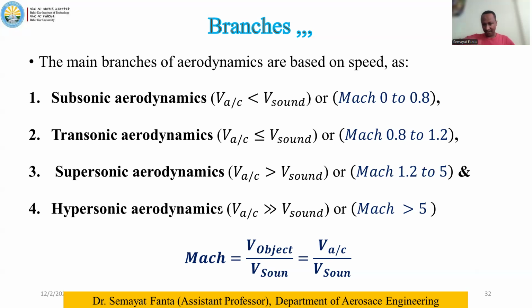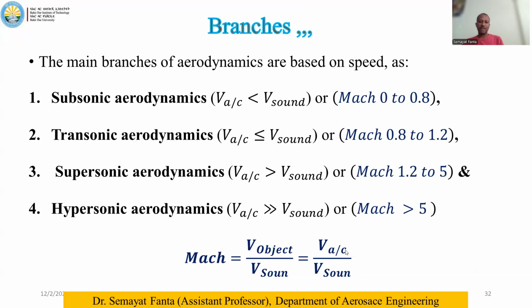And if the Mach number is beyond 10 or so, we call it hypervelocity. So these are critical regions, and the design aspects of supersonic, hypersonic, and hypervelocity flight are different from subsonic and transonic flights. So we must take care of these points.